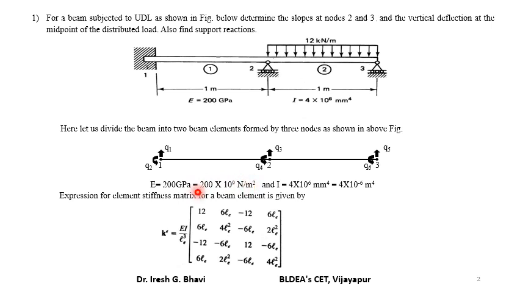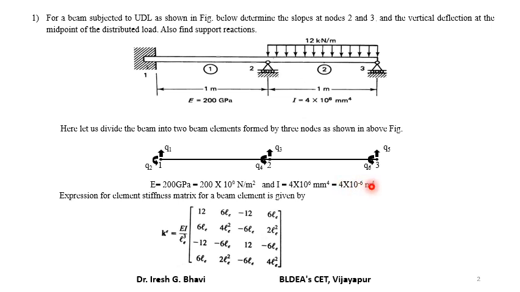So it is 200 into 10 raised to 9, since giga means 10 raised to 9, newton per meter square. Then the moment of inertia I is given as 4 into 10 raised to 6 mm raised to 4. I have to convert it into meters, so that is 4 into 10 raised to minus 6 meter raised to 4.